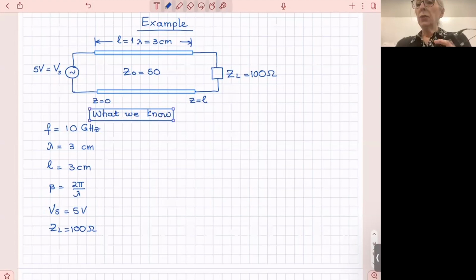Now, we know that V at any point z on the line is going to be equal to the incident wave plus the reflected wave. This is voltage. All right, and we know that the current is going to be the incident current, e to the minus j beta z, plus the reflected current, e to the j beta z.